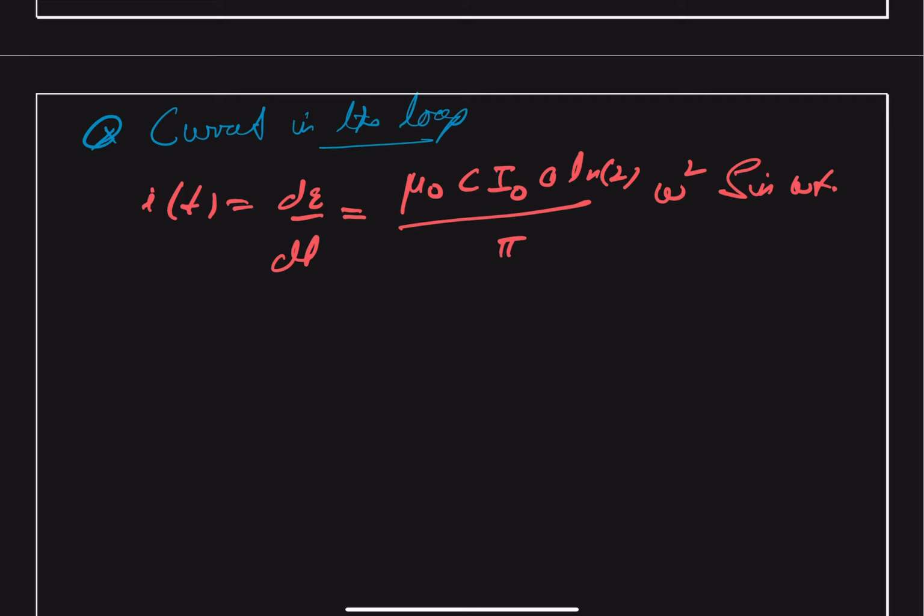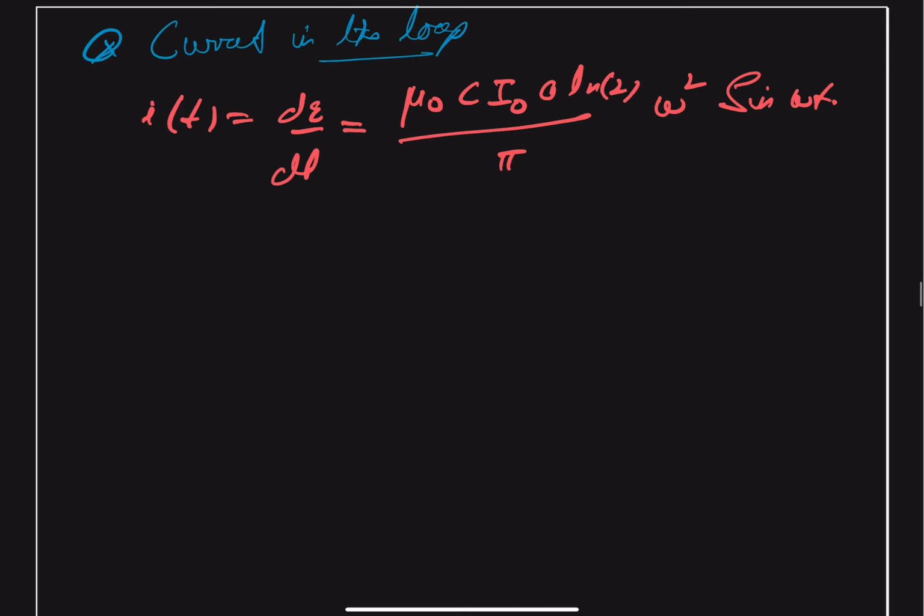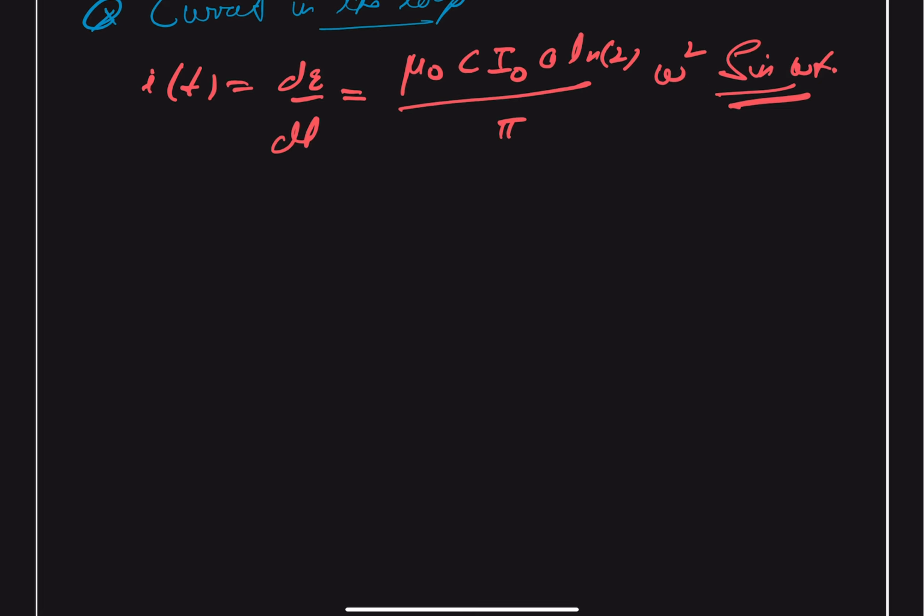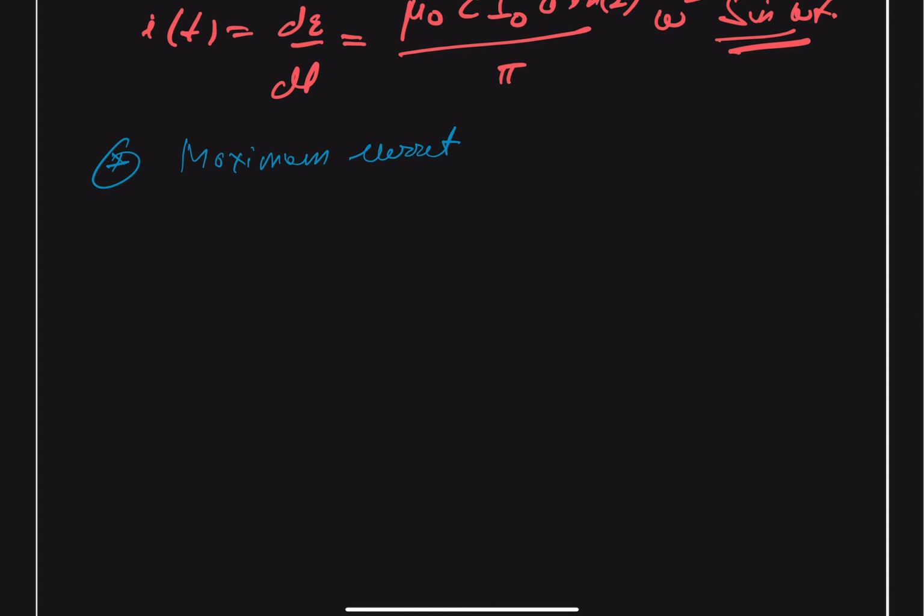And we have to find out the maximum current. So maximum current will be dependent upon this sine of omega t. If its value is 1, we are going to get the maximum current. So you can say maximum current for sin omega t equal to 1.